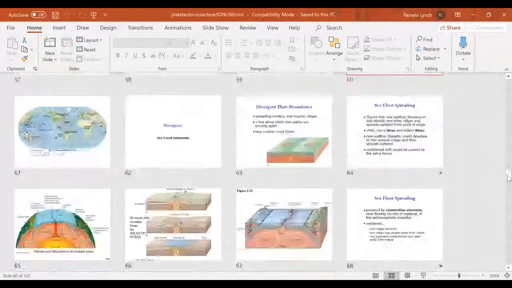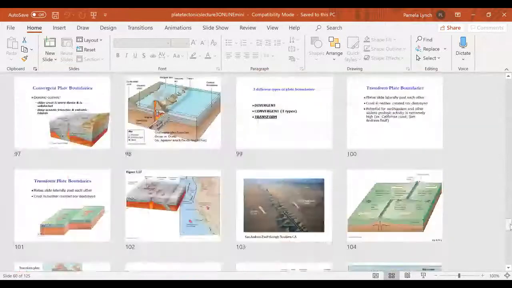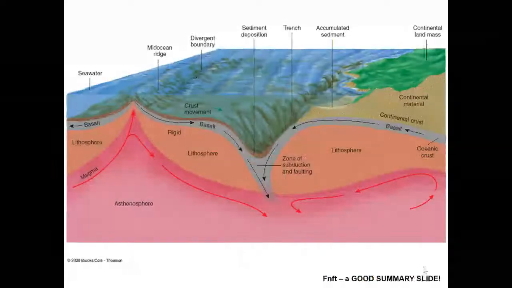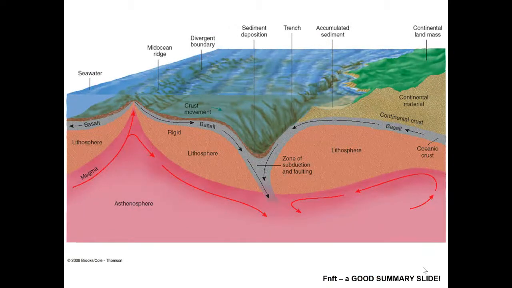So going now back to the very end, what I give you is a series of summary slides. All good for you to utilize. What I really like about these is that they give you close-up interpretation, essentially, of where the asthenosphere is in relation to the crust, which way the crust is moving.